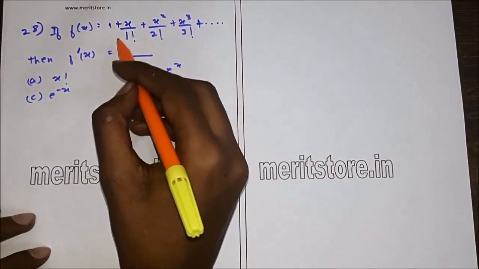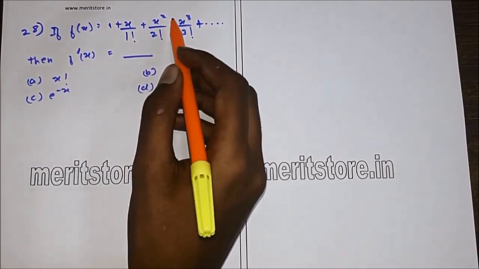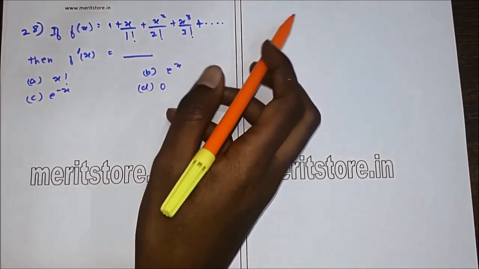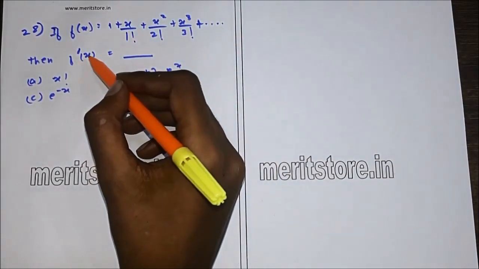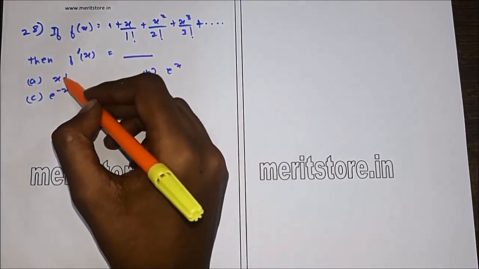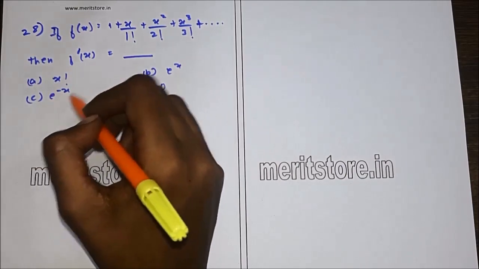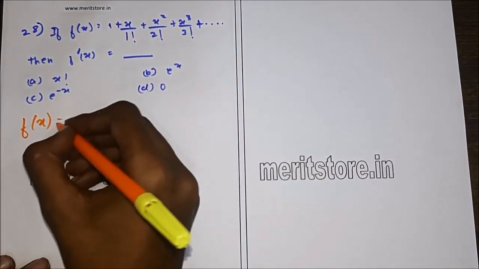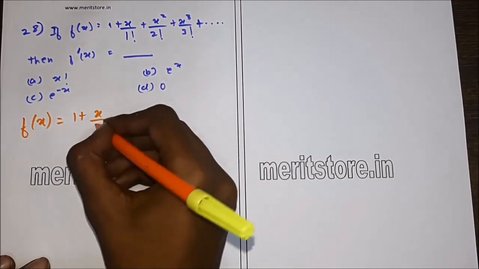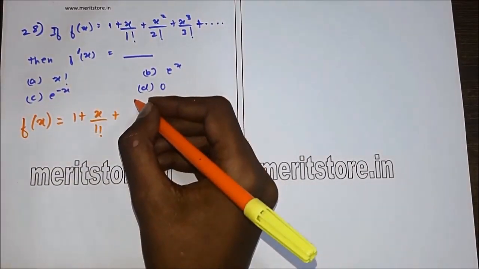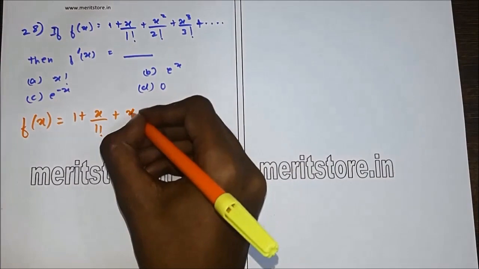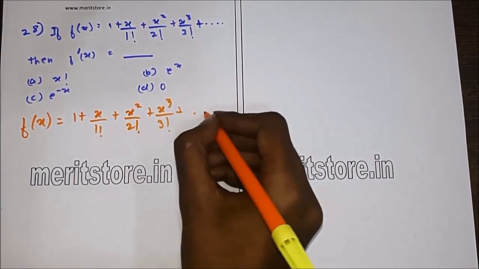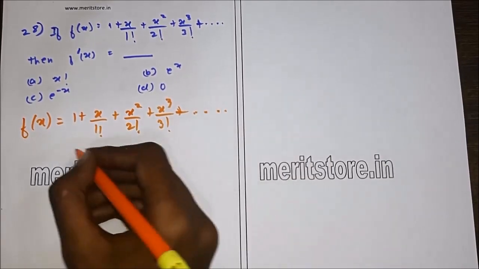If f of x is 1 + x upon 1 factorial + x square upon 2 factorial + x cube upon 3 factorial and so on and so forth till infinity, then the value of f dash of x is what? The options are x factorial, e raised to x, e raised to minus x and 0. So f of x is 1 + x/1! + x^2/2! + x^3/3! and so on till infinity.